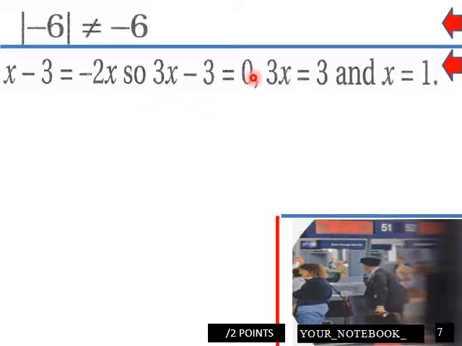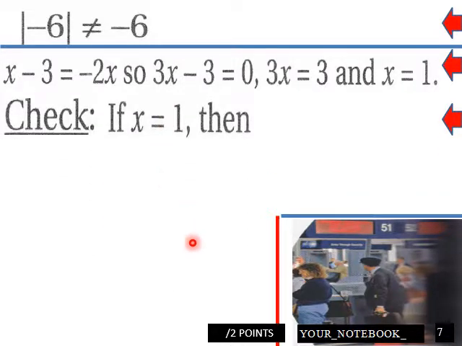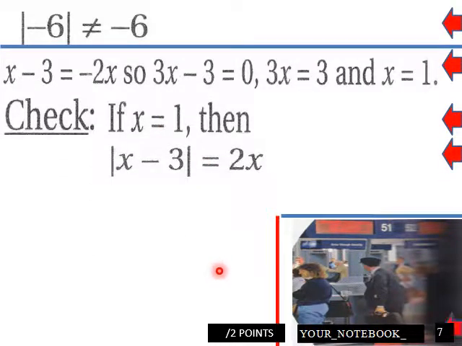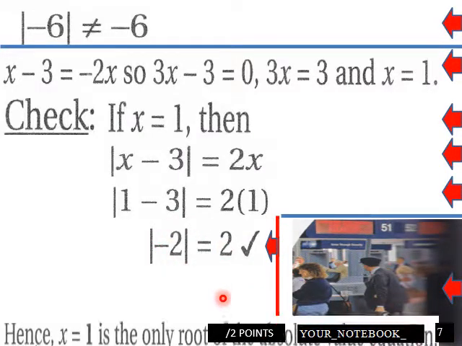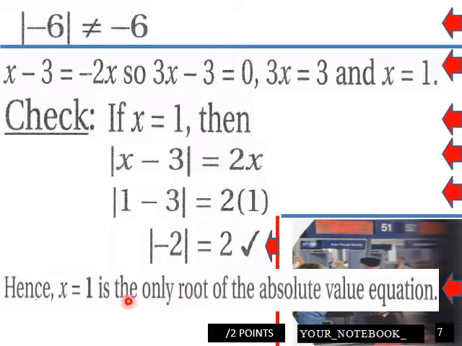So 3x minus 3 equals 0, 3x equals 3, and x equals 1. It would have to be x equals 1 for this situation. So we check that. If x equals 1, then x minus 1 equals 2x, and the absolute value of -2 does equal 2. Hence, x equals 1 is the only root of the absolute value equation.